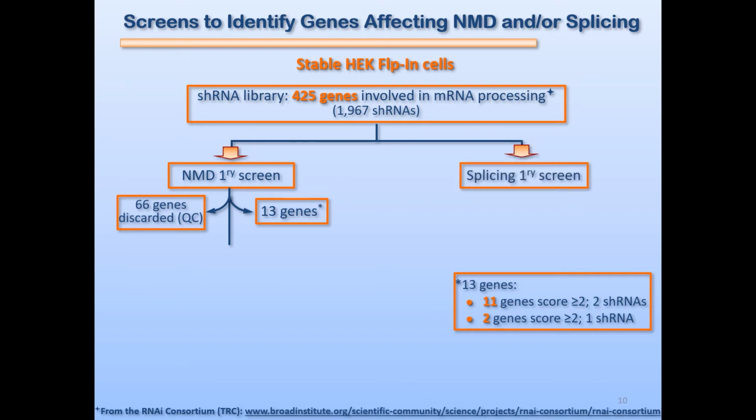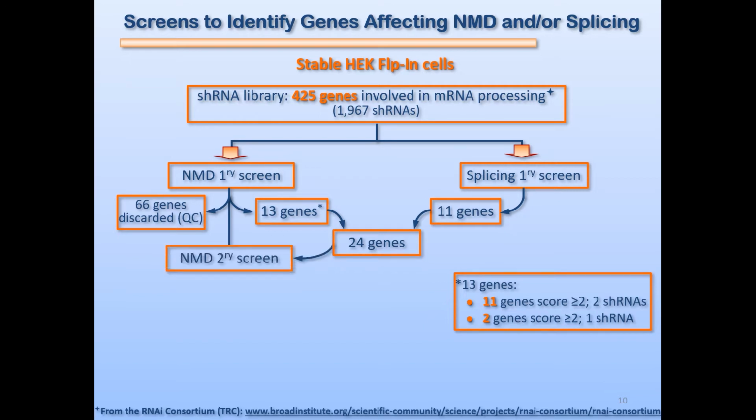And then in the splicing primary screen, we actually identified 11 genes. So altogether, from the NMD and splicing screen, we identified 24 genes which actually resulted in some effect.